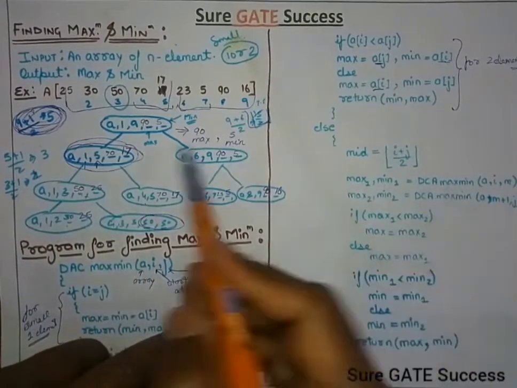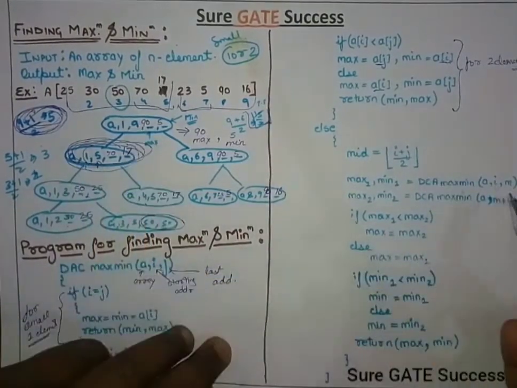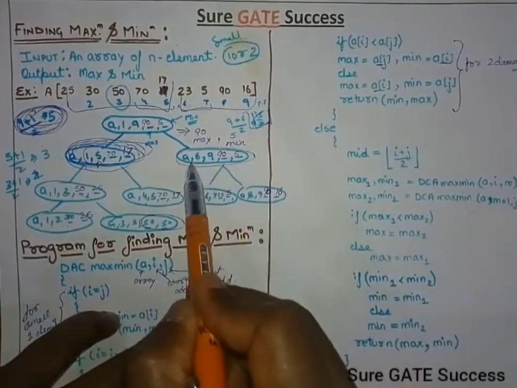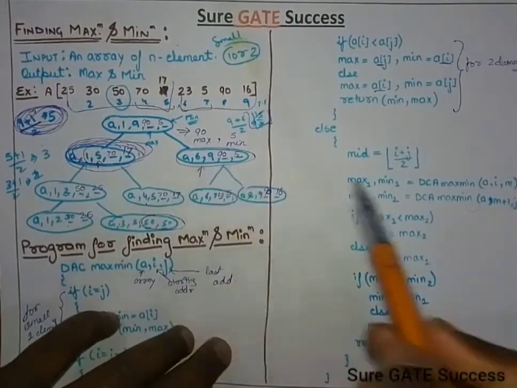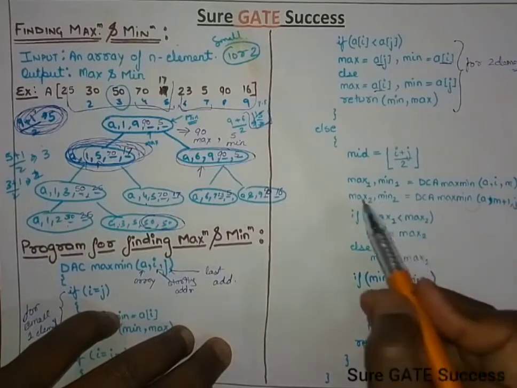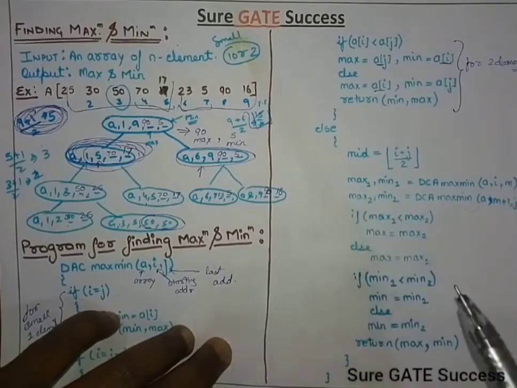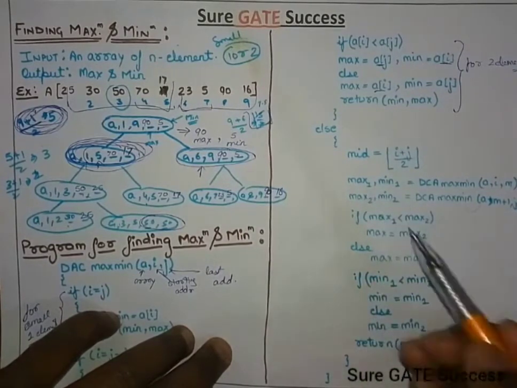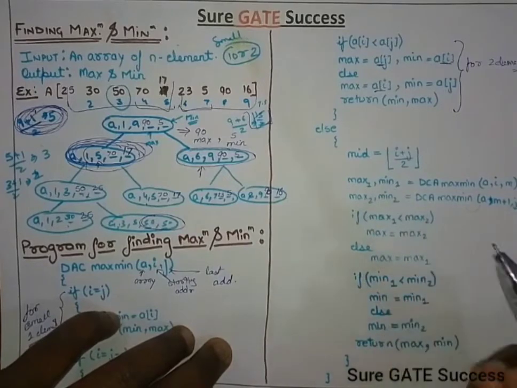So divide this one is m, and what we have done here is m plus 1 to last. After doing these two, we have four variables, that is max 1, max 2, min 1 and min 2.